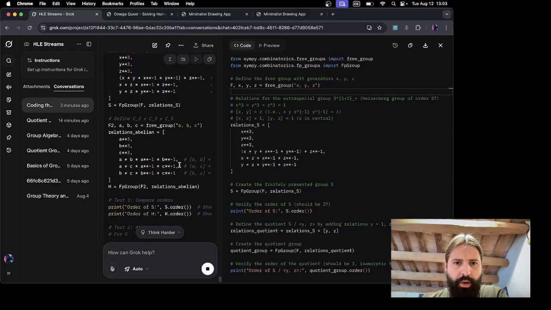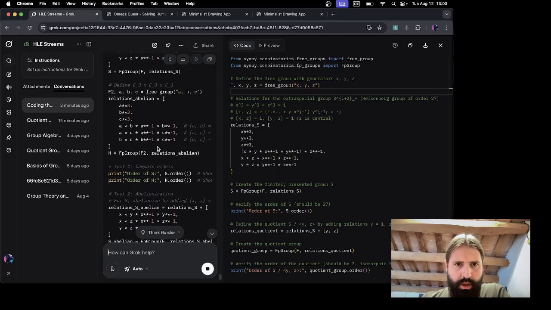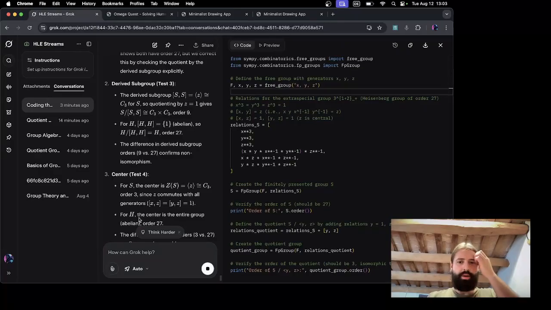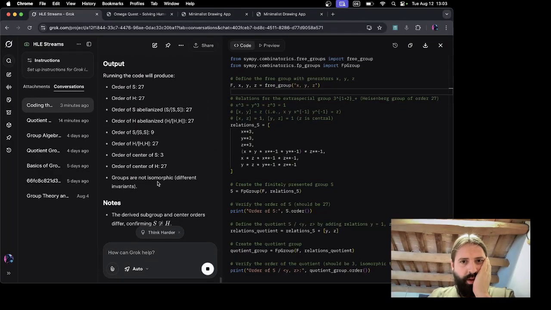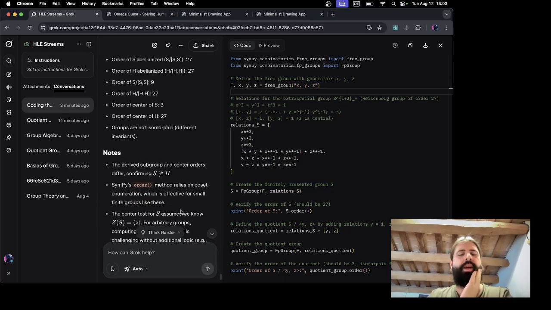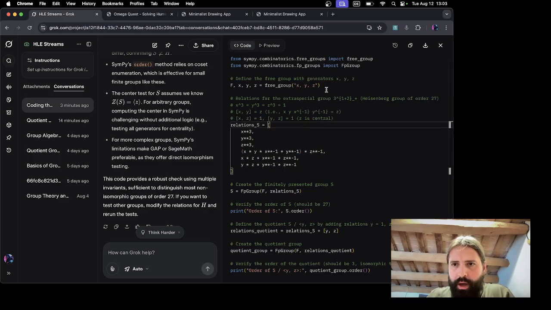And I see actually how it has done it in test 1, compare orders. Wait, why does it do these like that? No, I want to compare.